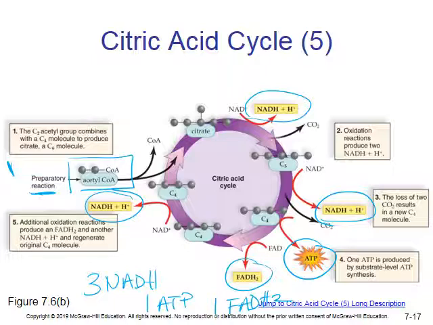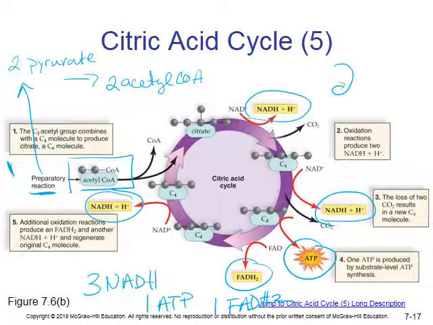But remember, we had how many? We had 2 pyruvate come in, and those 2 pyruvate were modified into 2 acetyl-CoAs.